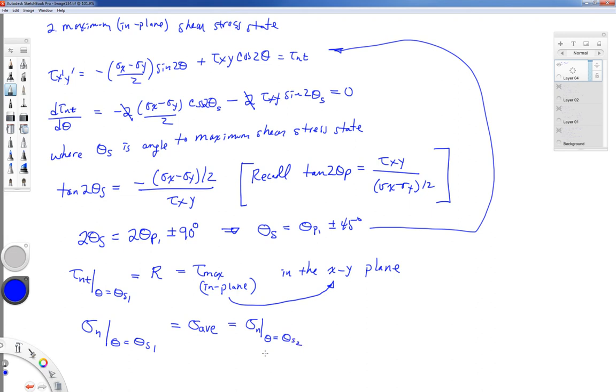On planes of maximum shearing stress, we have average normal stress. So let's write that down in red like we did for the other one.